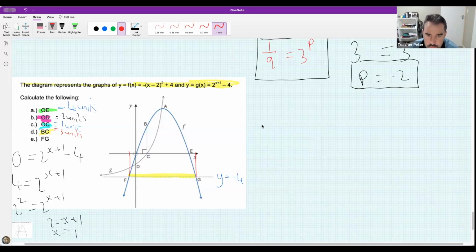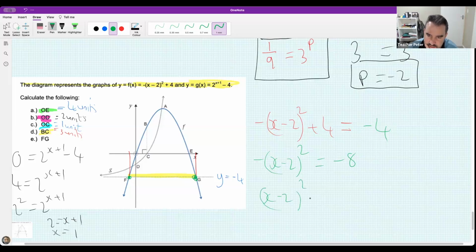So what I'm going to do is take this exponential function, and I'm going to make it equal to minus 4. And that is going to find me these 2 points over here. So how would I solve that? Well, let me start by bringing across a 4, so I get minus like that.